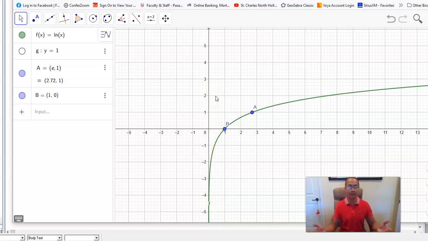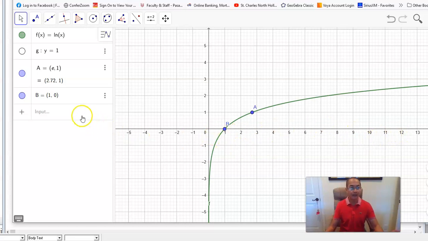Okay, we're now ready to put it all together. Our ln of x is injective, it's 1 to 1. Its domain is from 0 to infinity. Its range is from minus infinity to plus infinity. So the inverse function exists, and the domain will be from minus infinity to plus infinity, and the range will be from 0 to infinity.